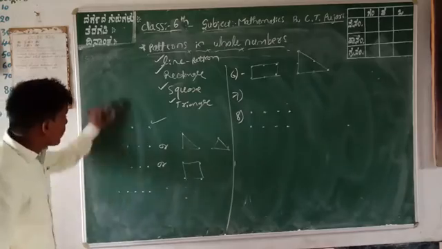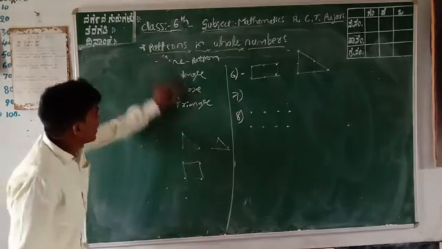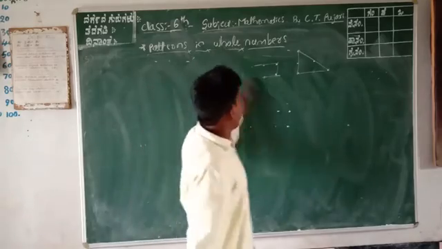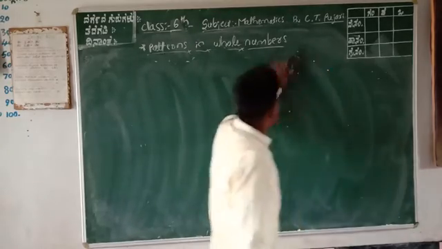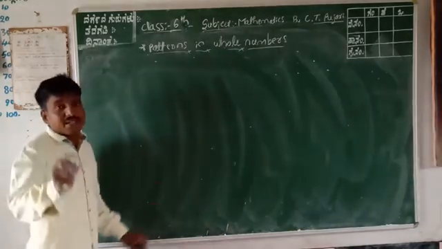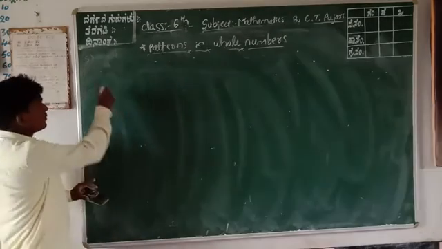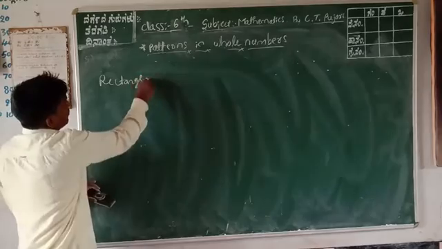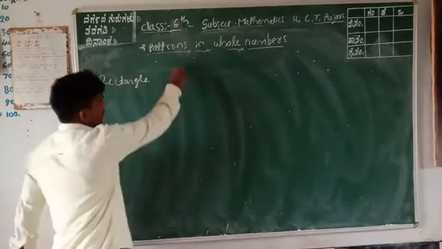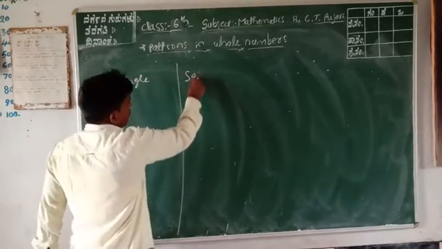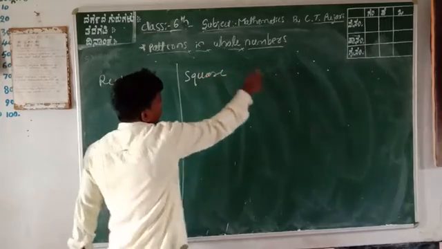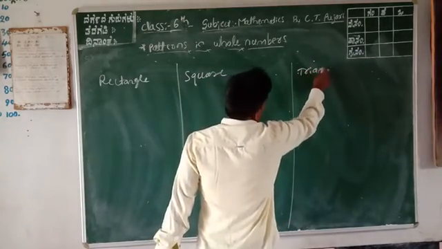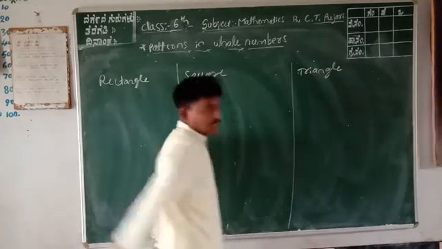You can study some patterns directly. First of all, line: in the line pattern, all numbers are arranged in a line. First one is the rectangle, next the square, next the triangle.